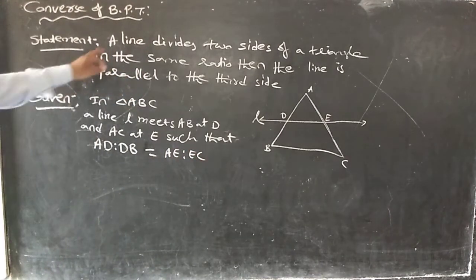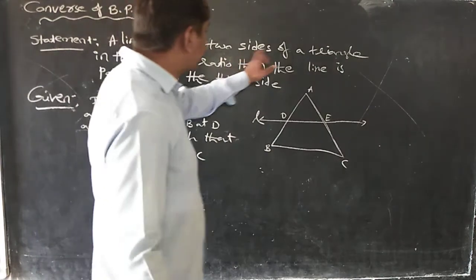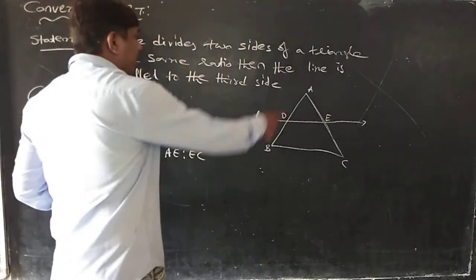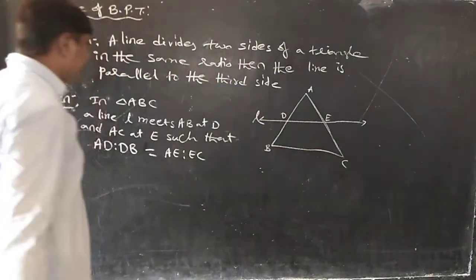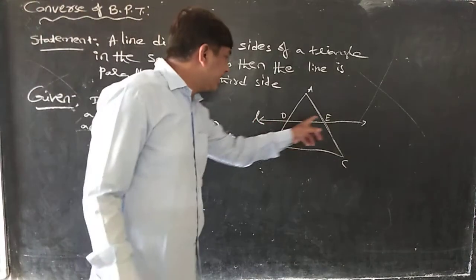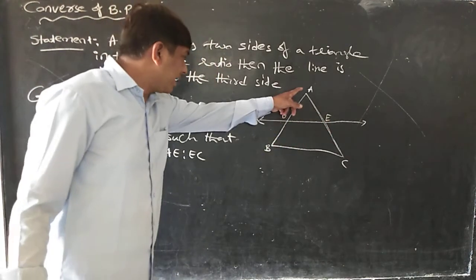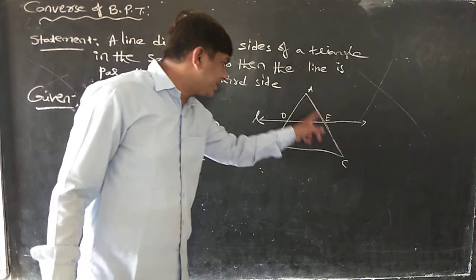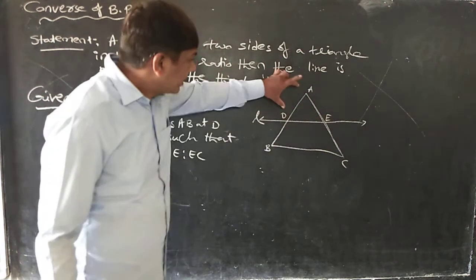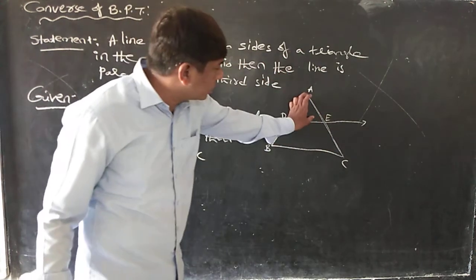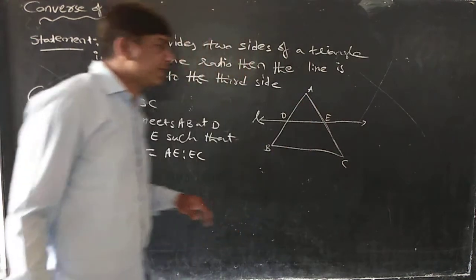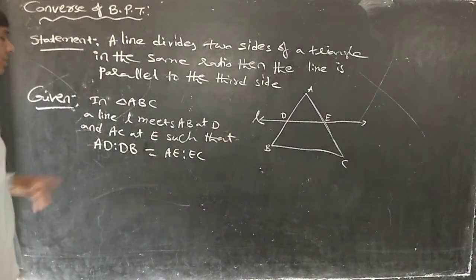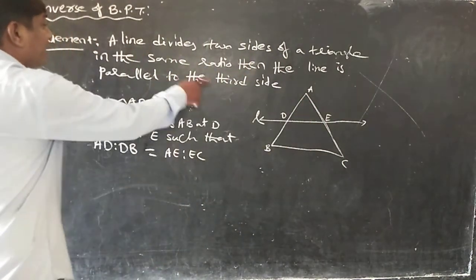In triangle ABC, line L meets AB at D and AC at E, such that AD is to DB is equal to AE is to EC.